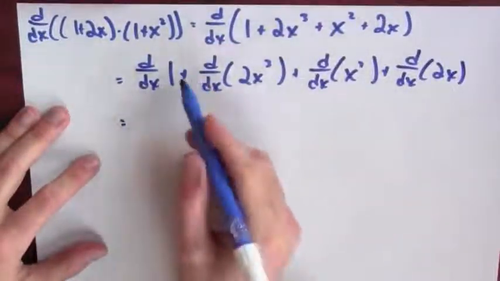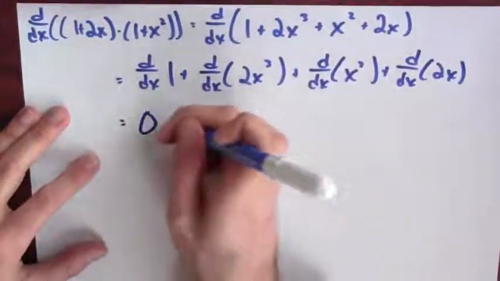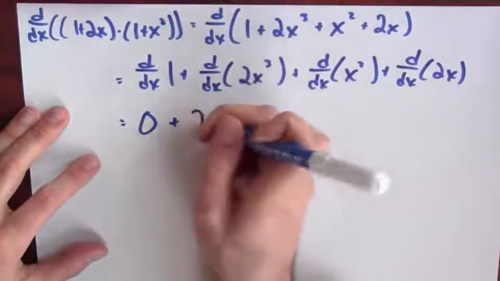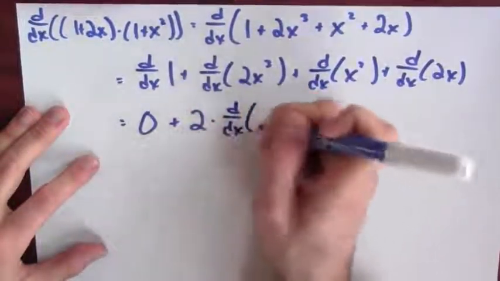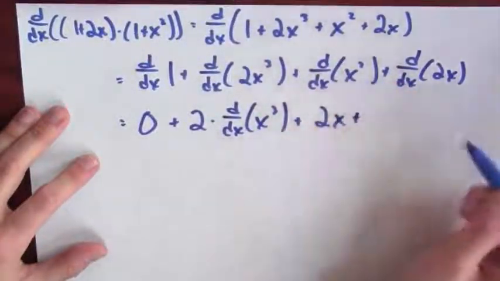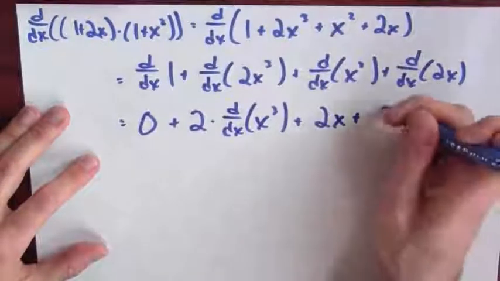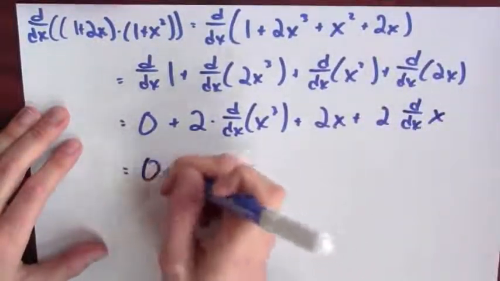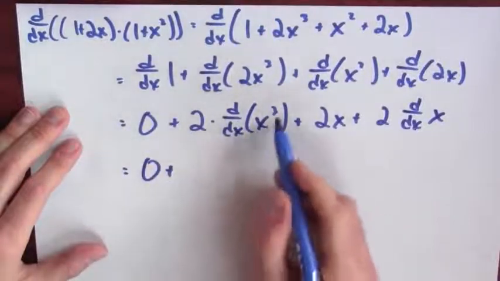Now the derivative of 1, that's the derivative of a constant, that's just 0. The derivative of this constant multiple of x cubed, I can pull out the constant multiple. The derivative of x squared is 2x, and the derivative of 2 times x, so I can pull out the constant multiple. Now what's 2 times the derivative of x cubed?